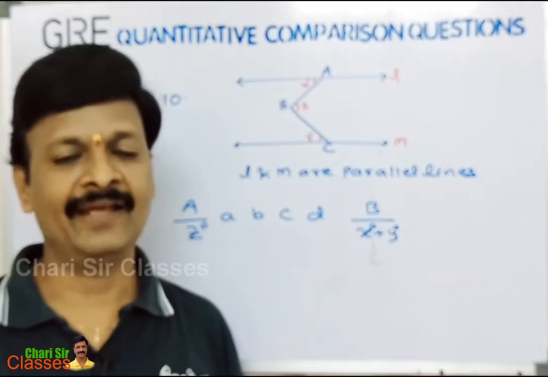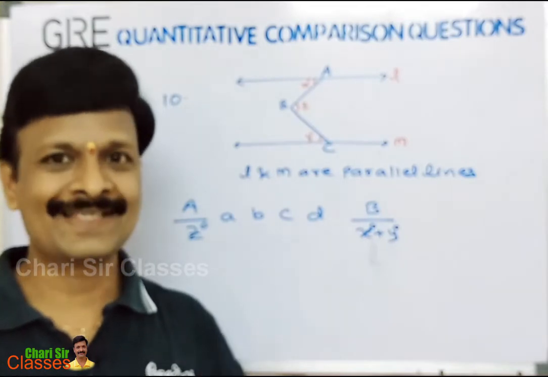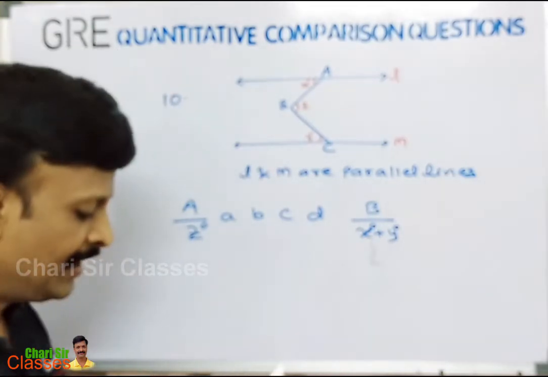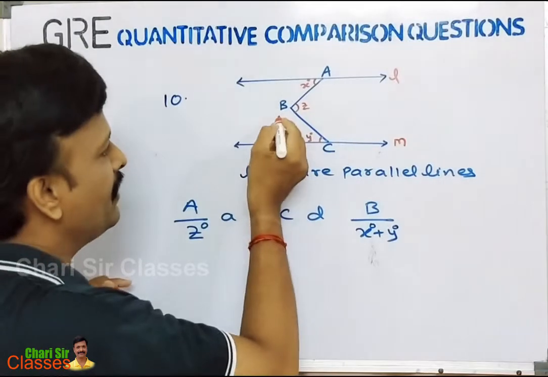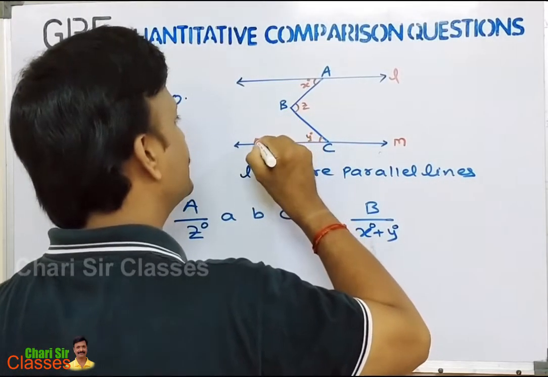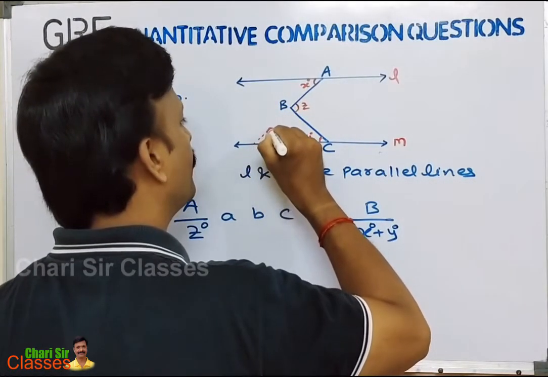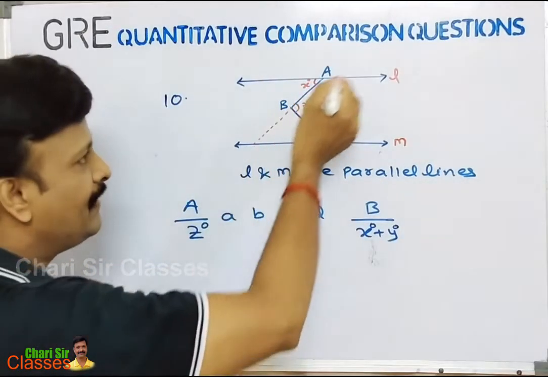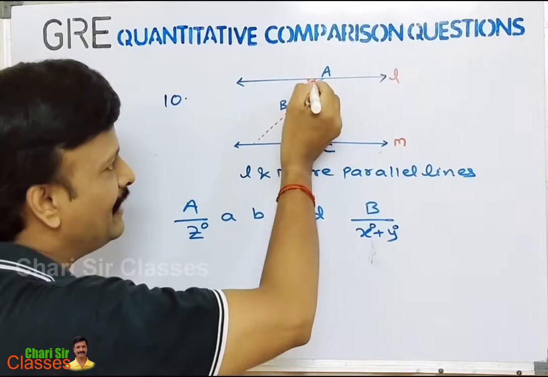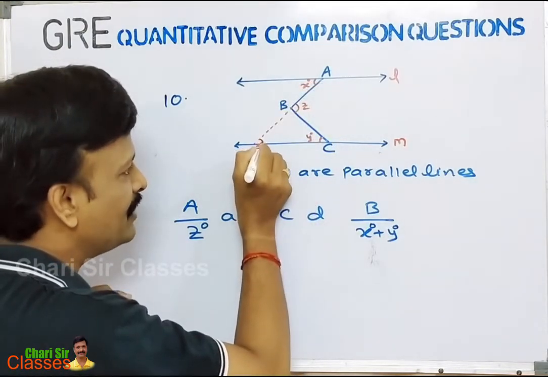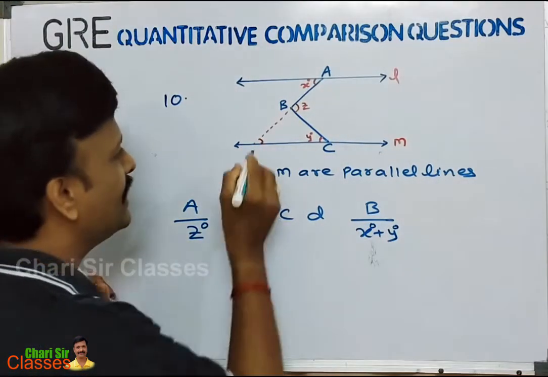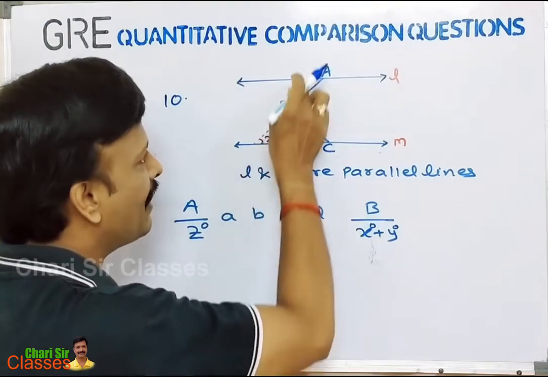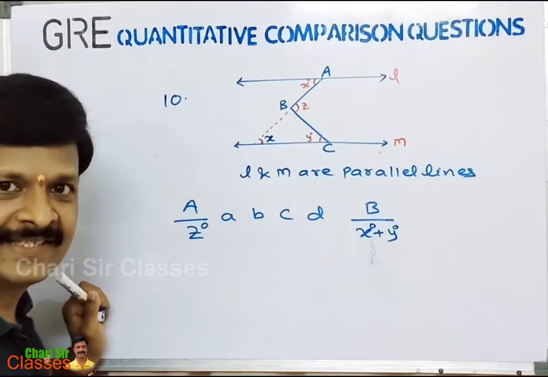Then the only way is we need to construct something. See here, this one you can extend like this. Like this you extend. Then what happens is the L and M are parallel lines. This angle must be equal to this angle because alternate interior angles are always equal.